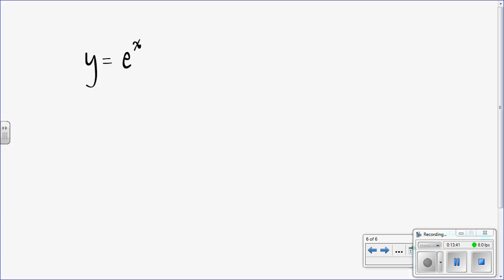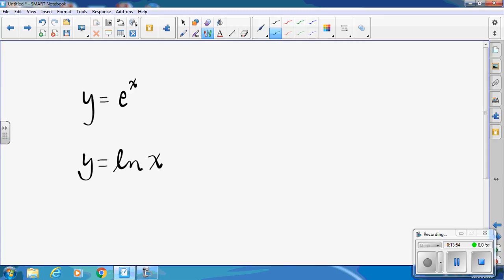I want to show you these two right here. I want to graph these on Desmos and show you how they are different. I'm going to keep recording so our home viewers can also see what's going on.